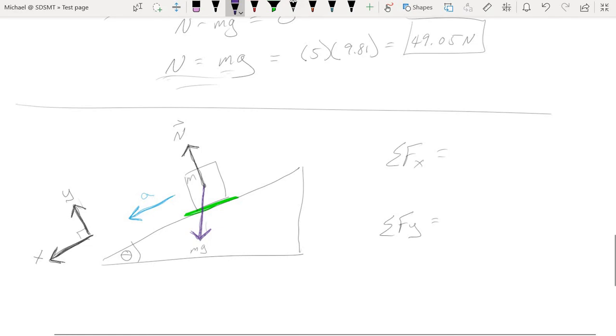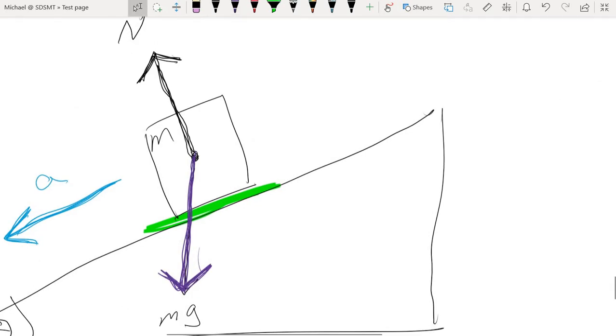The first thing I'll do is go ahead and draw the components. I need one component that runs parallel to the incline, and I need one component that runs perpendicular to the incline.